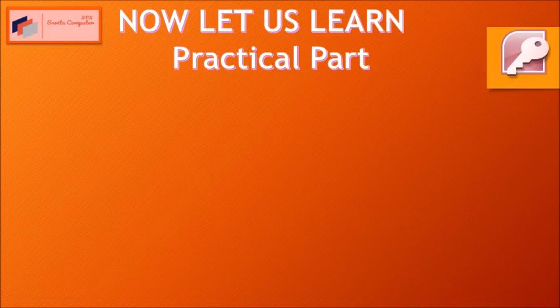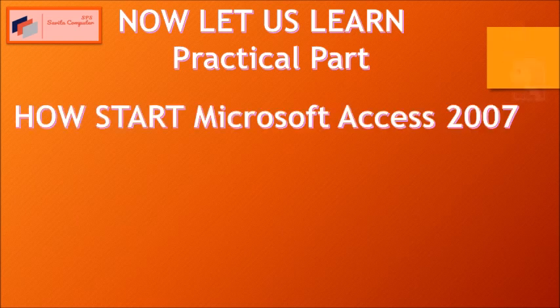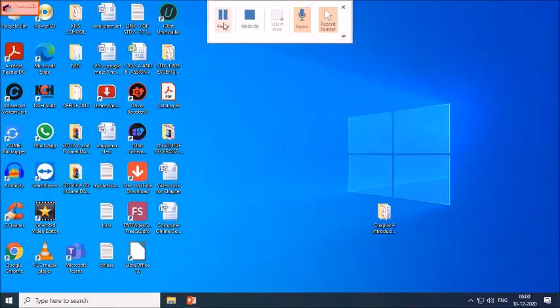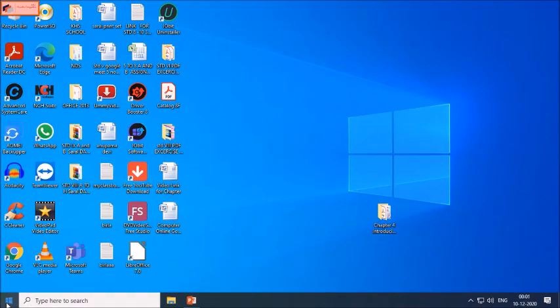Now let us learn the practical part: how to start Microsoft Access 2007 and how to create a database and table structure. Now let us see how to start Access. First click on the Start button from the Windows desktop.